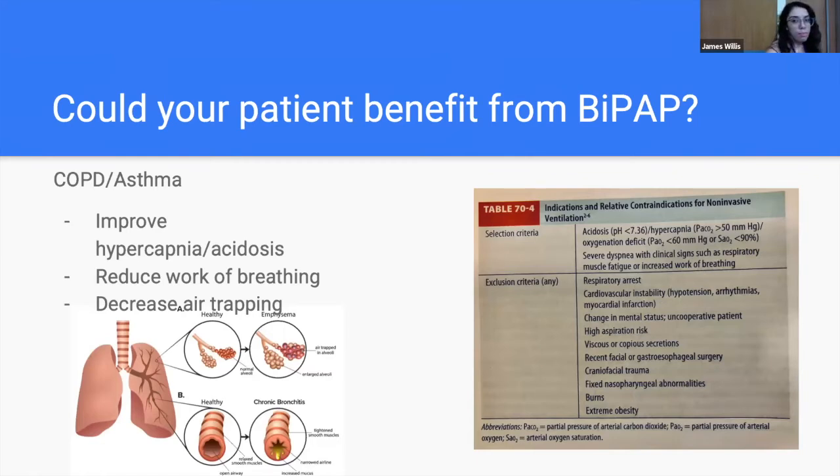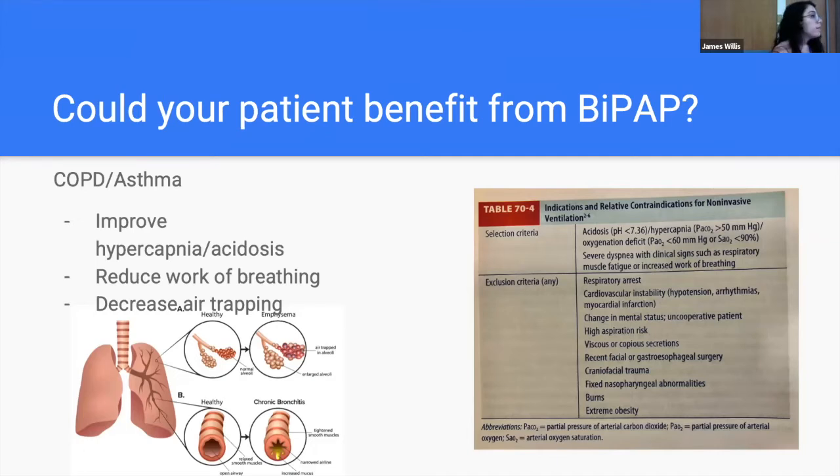Also, the positive expiratory pressure is going to help you stent the airway open and prevent hyperinflation and air trapping. Something you do have to look out for is the tidal volumes, because this can lead to barotrauma.